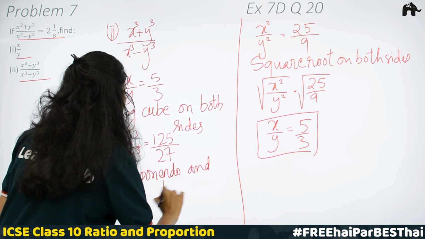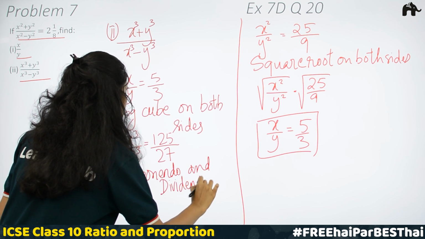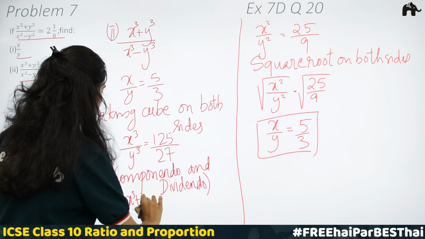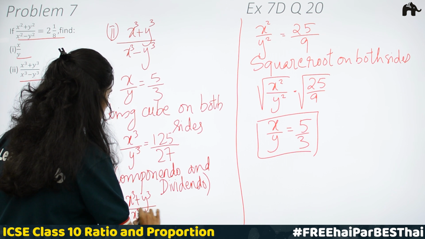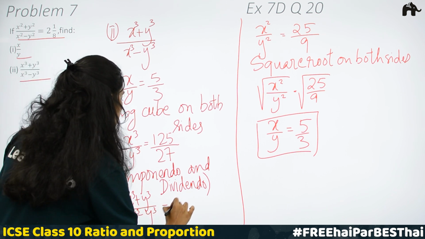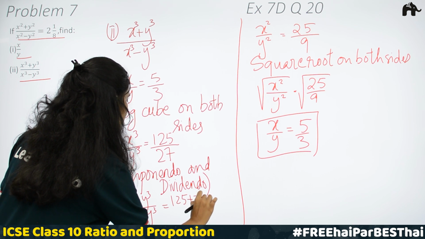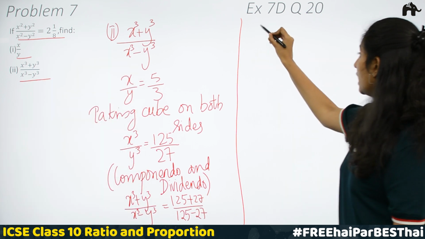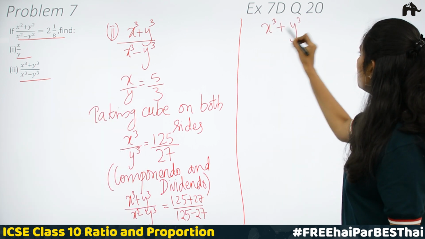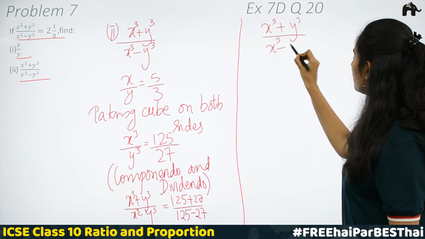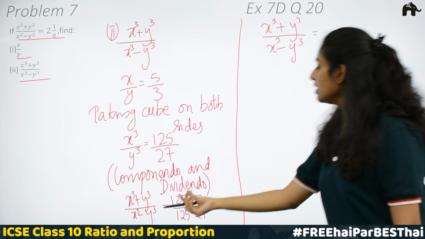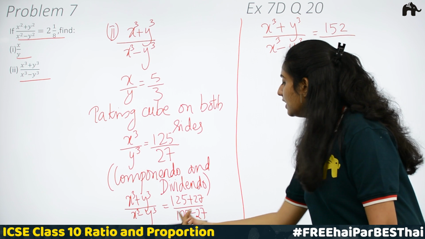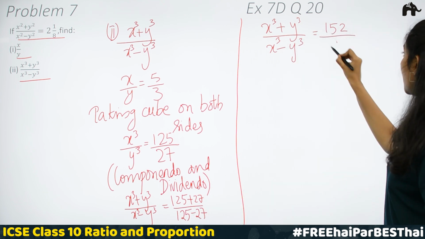Applying componendo and dividendo property, we get x cube plus y cube divided by x cube minus y cube is equal to 125 plus 27 divided by 125 minus 27. That is 152 divided by 98.